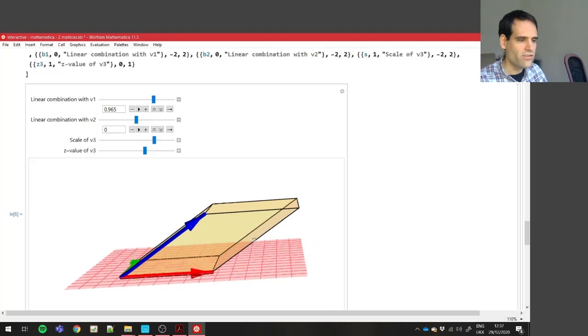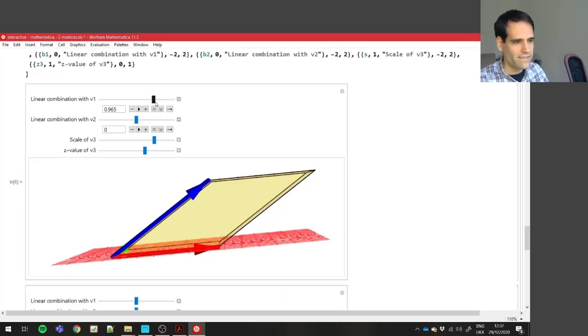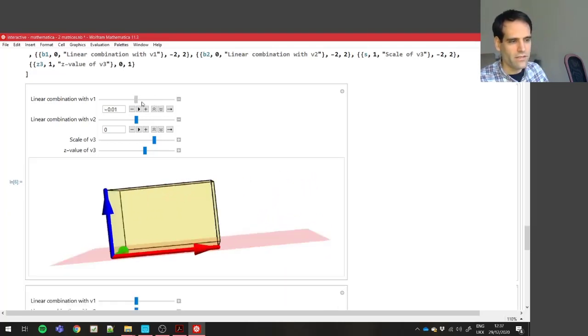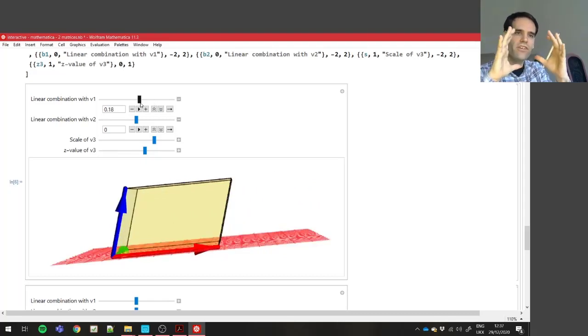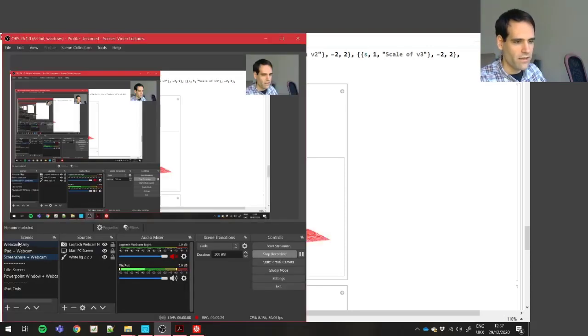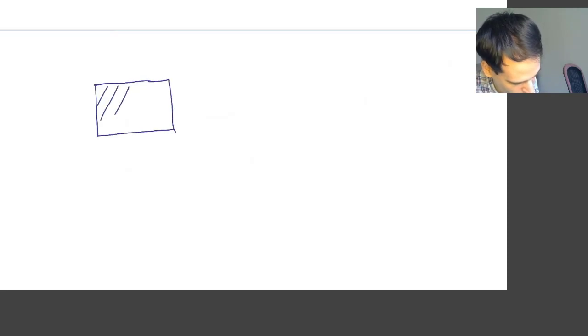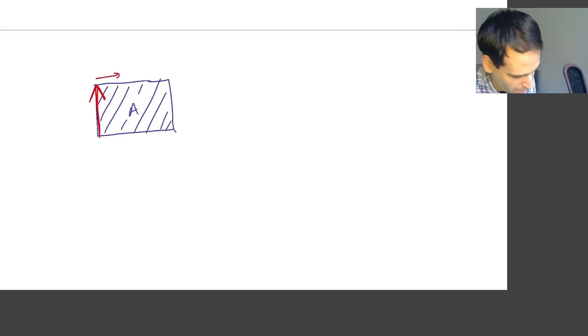So does the volume change when I do this? The volume doesn't change, okay? Because this is a shear. This is a shear of the volume, and volumes do not change when you shear them. So let me draw this. Remember, if you have an area that is a rectangle, for example, this is an area A. If you get the sidewall and you move it to the right so that it becomes like this, but with the same height, yeah?